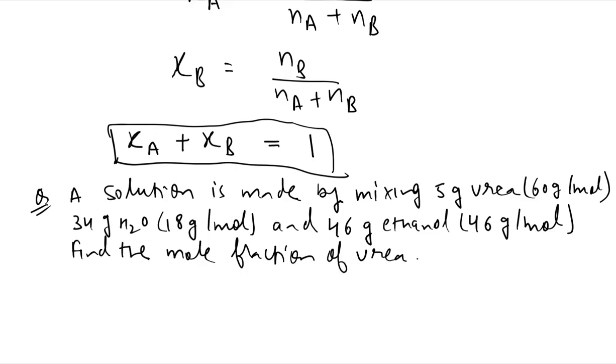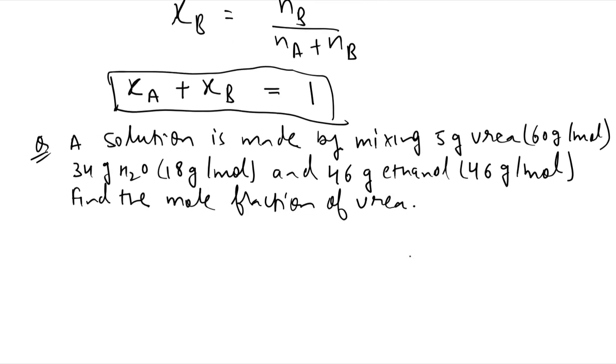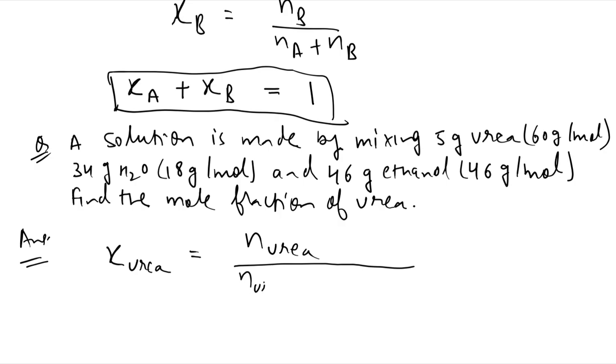This is also a pretty straightforward question. So what we have to do is first write down the formula. The mole fraction of urea will be given by the number of moles of urea divided by the number of moles of urea plus the number of moles of water plus the number of moles of ethanol.